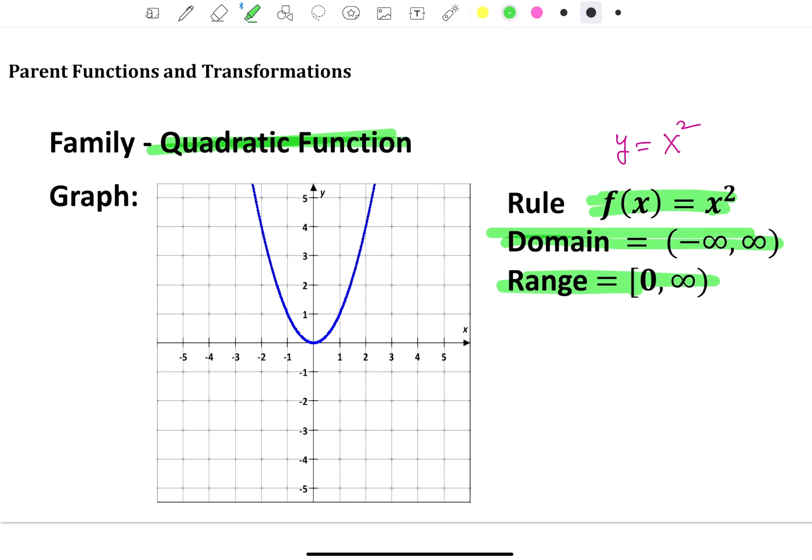It does not go below the x-axis, and the smallest y value it takes is y equal to 0, with a bracket around 0 because that's a part of the range for the function. If the function is shifted, translated, then it can go below the x-axis as well. But y equals x squared stays on the x-axis and above.